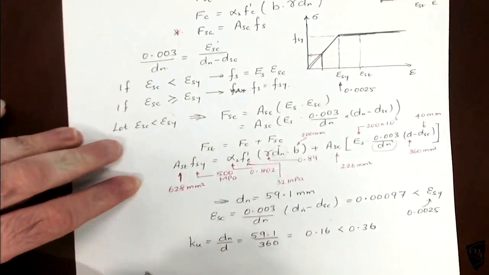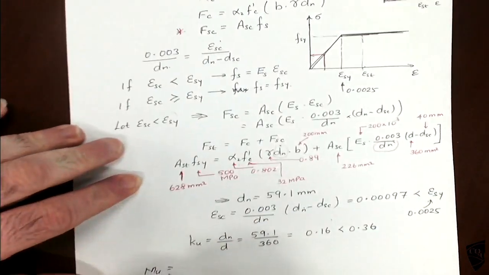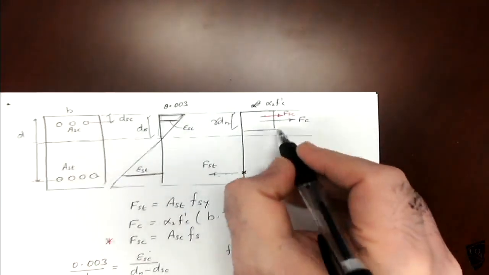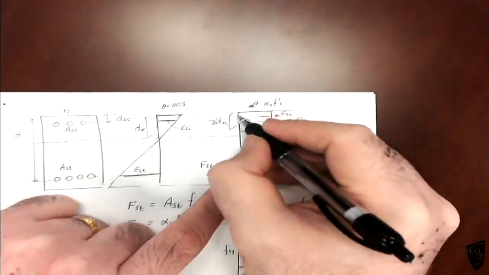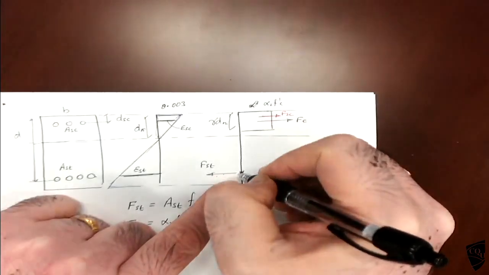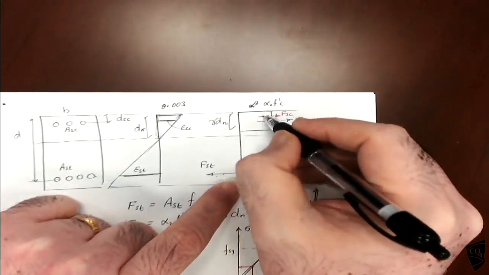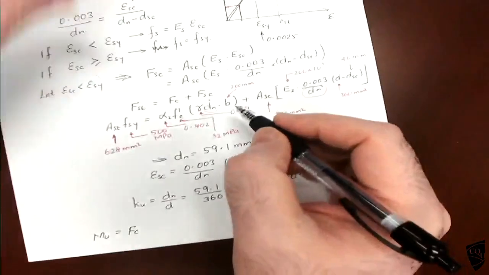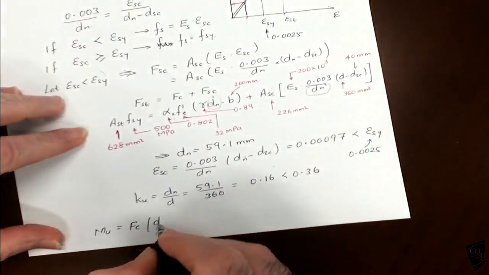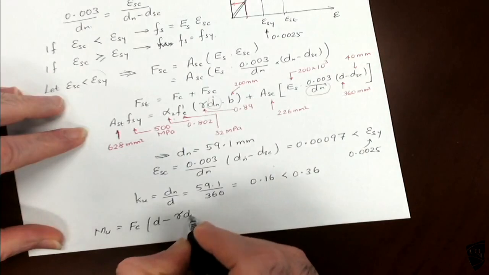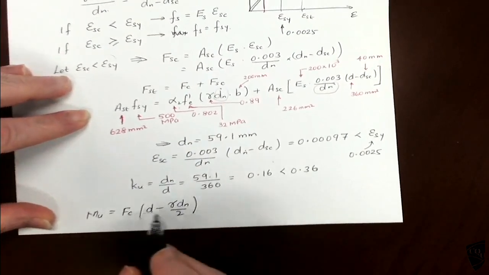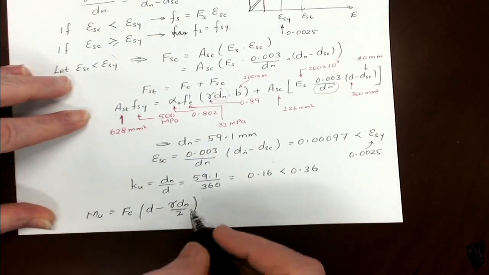So Mu, for Fc, the distance from here to there is d, small d, minus half gamma dn. It doesn't change, same d minus gamma dn by 2. If you have only one force, it is also the same.